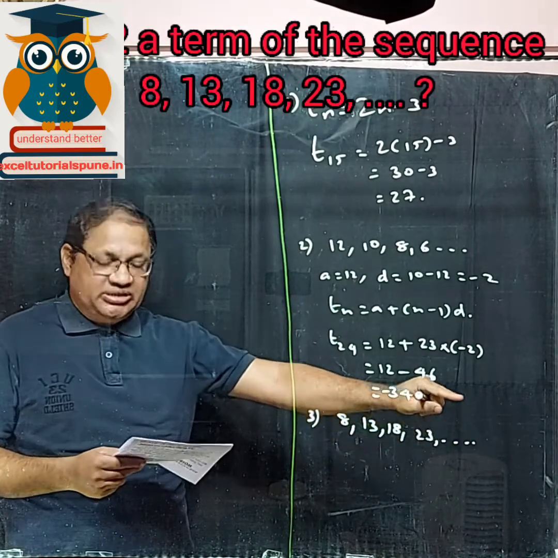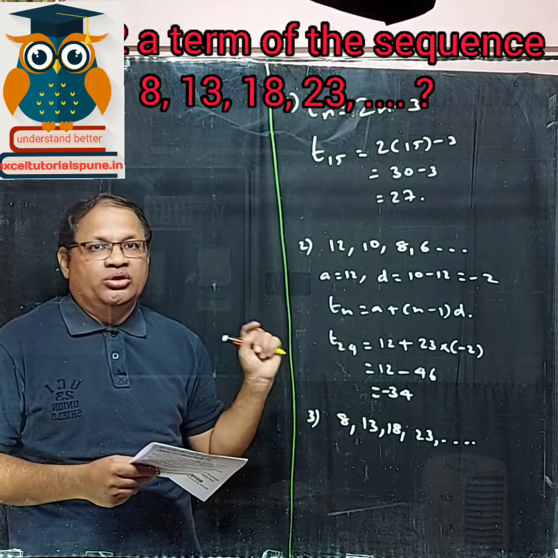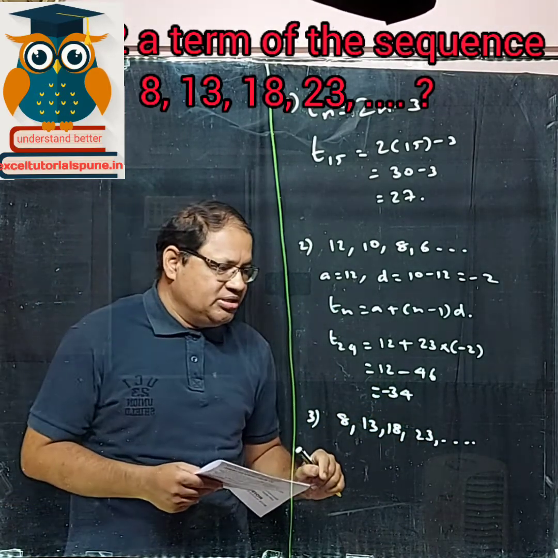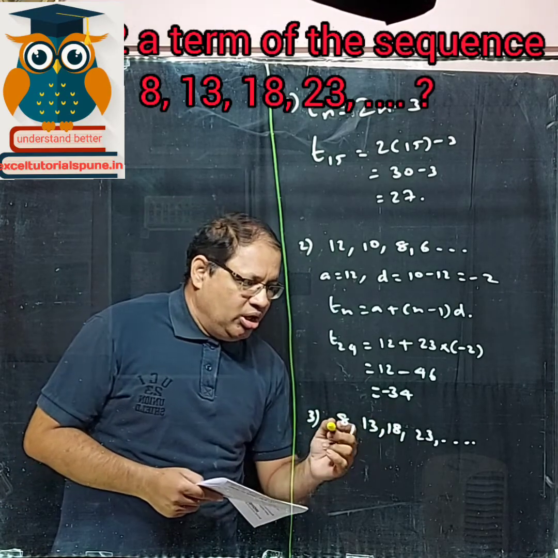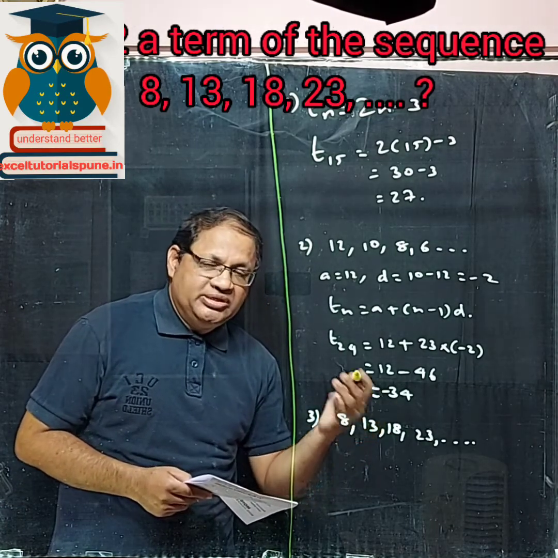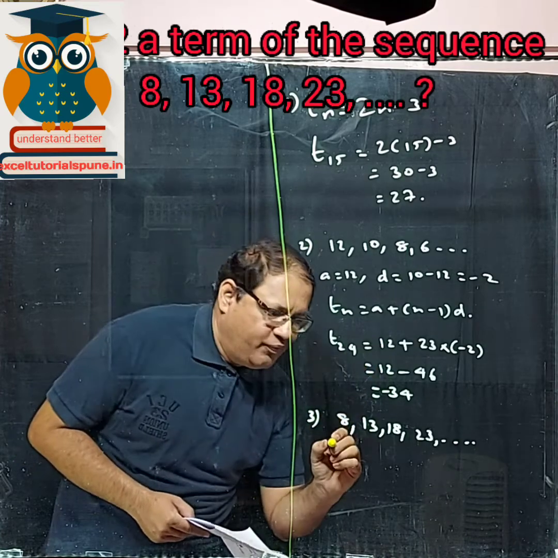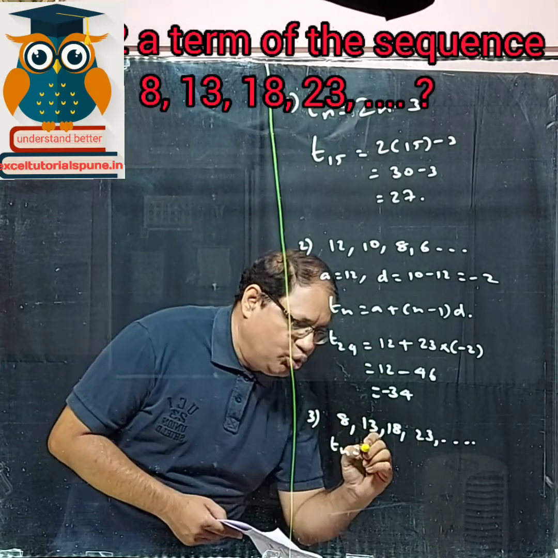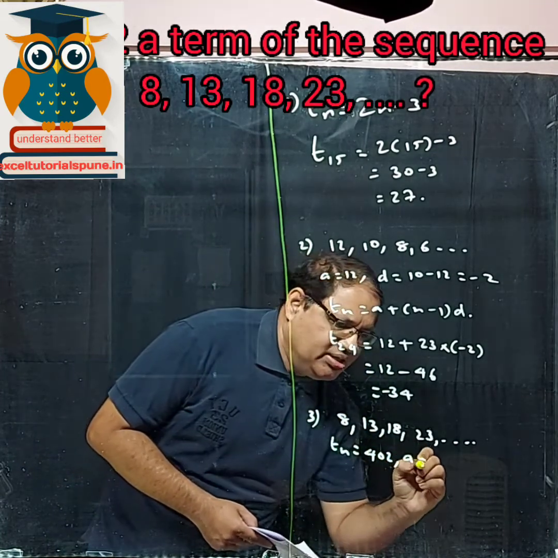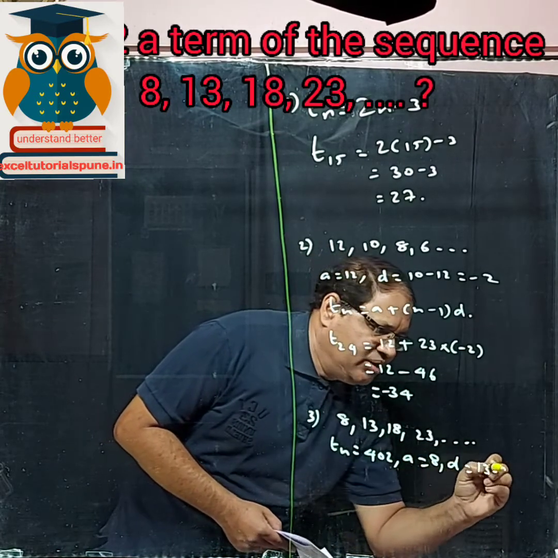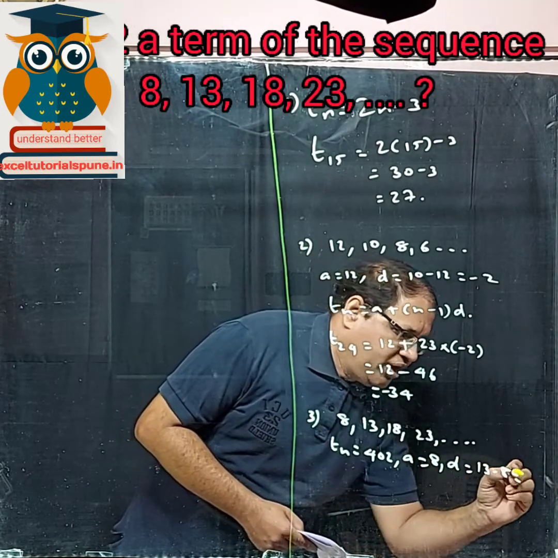So in these numbers, is 402 there or not? They are asking. So that means 402 is some term, so Tn is 402. Then A is 8. D is 13 minus 8, 5.